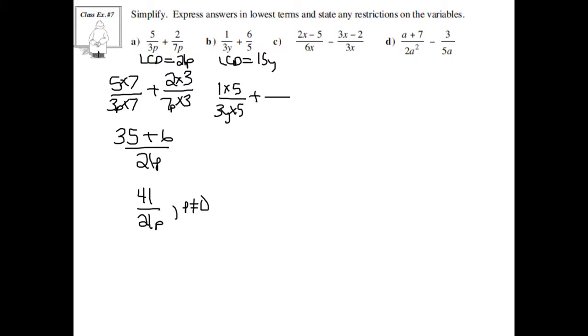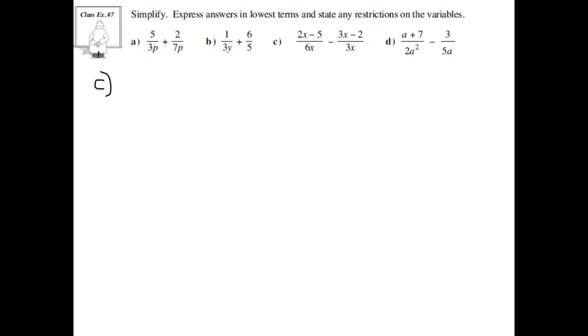And I'm adding that to 6 over 5, times 3y, which means that 6 is also multiplied by 3y. So that gives me 5 plus 18y all over 15y, where y cannot equal 0.